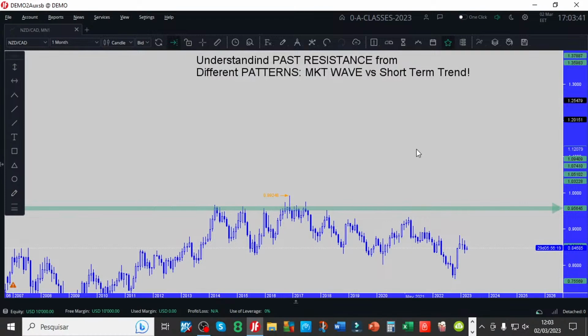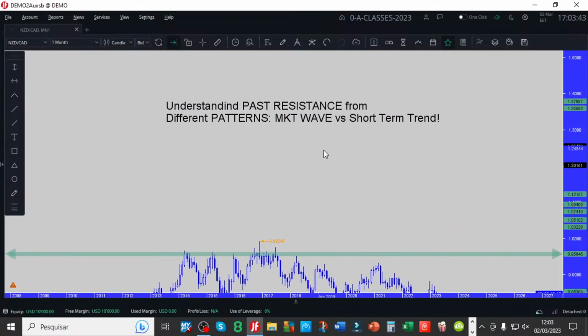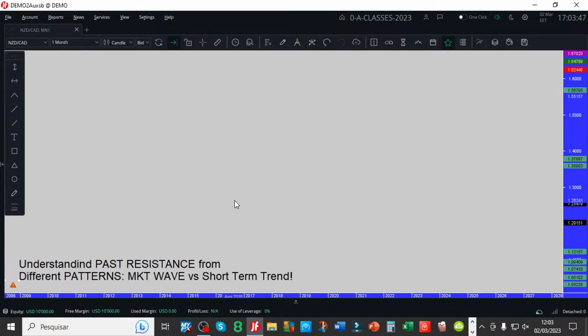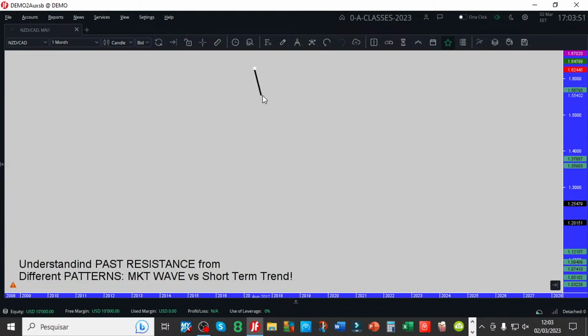Alright, everybody, how to trade resistance in a downtrend. So, this is the easy one. In a downtrend we have extension, retracement, extension, right? And then the market's going to start retracing. This is a retracement trade.